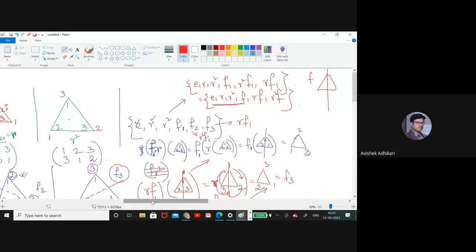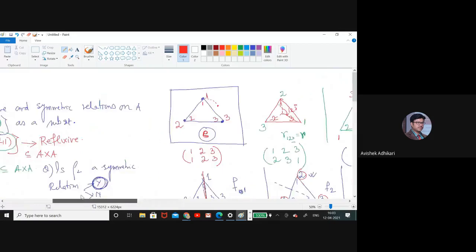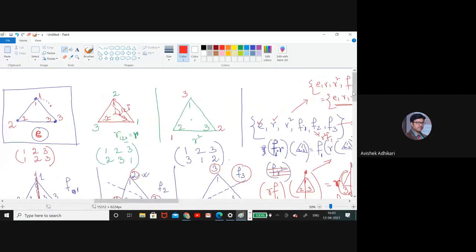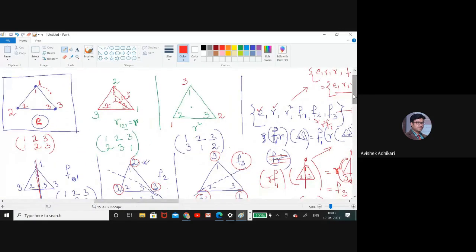If I start with this rotation, so initially we had this rotation. So R, if I rotate it through a 120 degree. If I rotate it by 240 degree, then it becomes R square. Now the question is, what will happen if you rotate it by 360 degree angle?